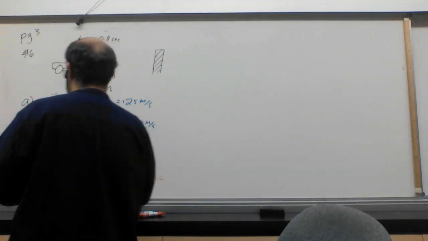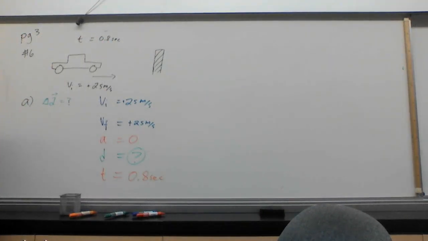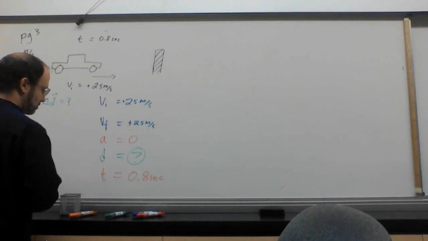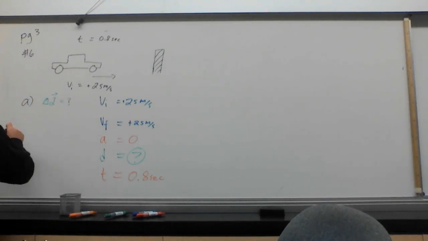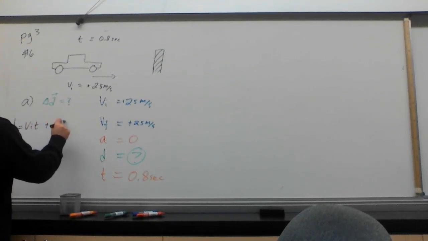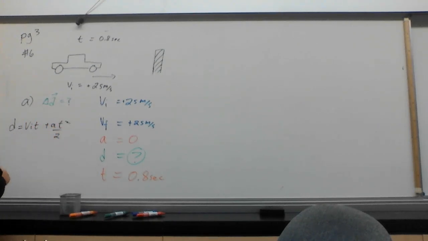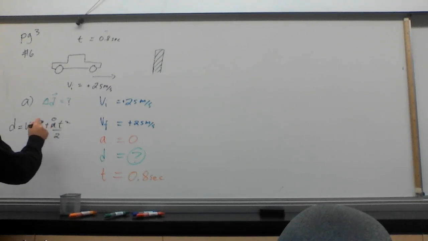So with this in mind, I'm going to choose one of my equations. We're looking for D, so we need an equation with D in it. We're going to use this one. D equals VIT plus AT squared over 2. Any number of them would work, but this one is convenient because acceleration is 0. So this becomes 0. 0 times anything is 0.